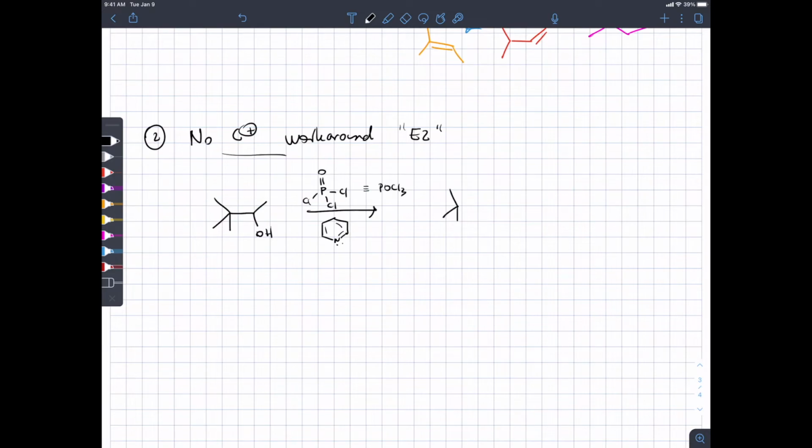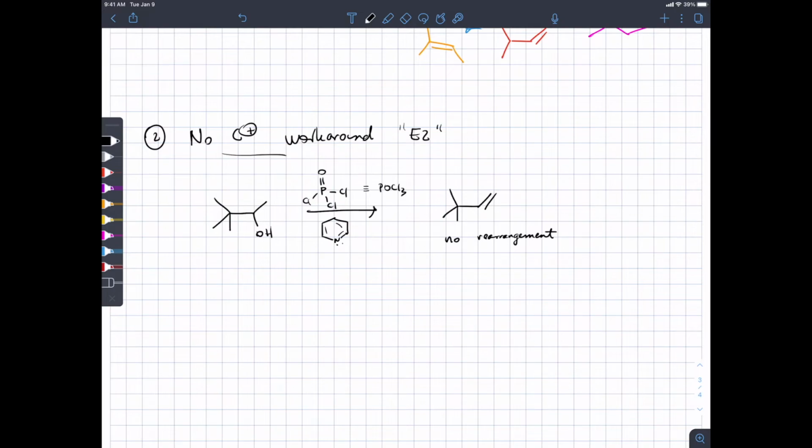That will give you just the desired elimination product, and it will not give you any rearranged products. If you want to see the mechanism on that, you can consult your text. Again, you're going to be troubled by the idea, why doesn't a potential substitution reaction happen?